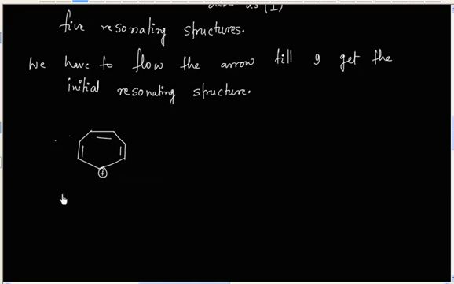So this is a 7-membered ring. For this molecule, you will be having 7 possible resonating structures. You can try yourself. This double bond is shifted between these 2 carbons, so we will be having positive charge over this carbon. Now we can shift this double bond here.